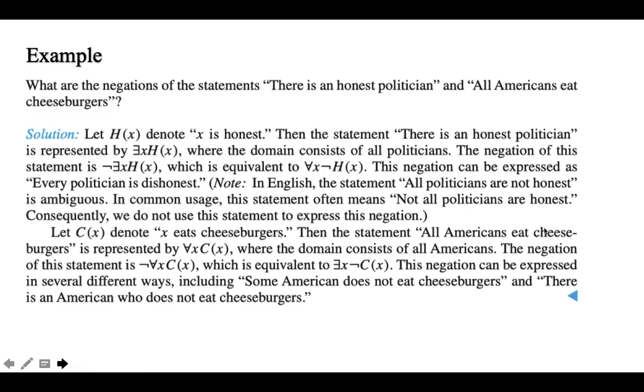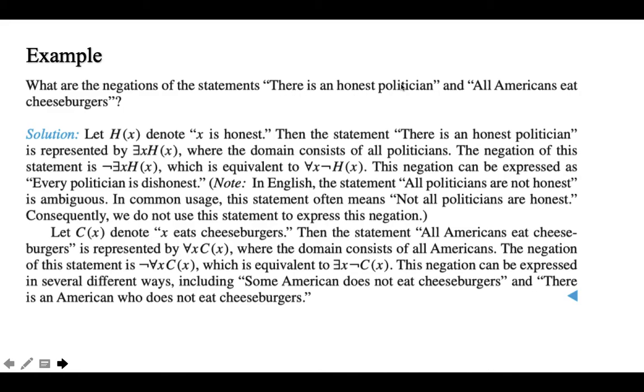So in the next example we will understand this. What are the negations of these statements? There is an honest politician, and all Americans eat cheeseburgers. So we have two statements. We first understand there is an honest politician.